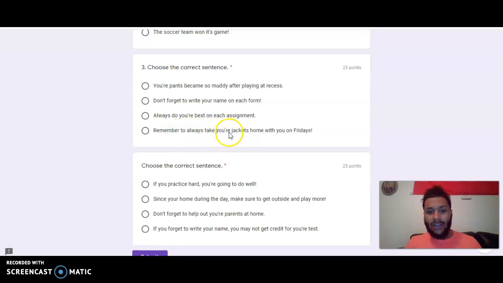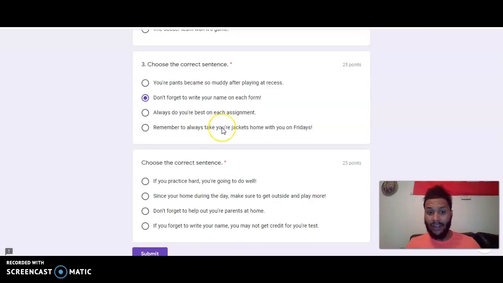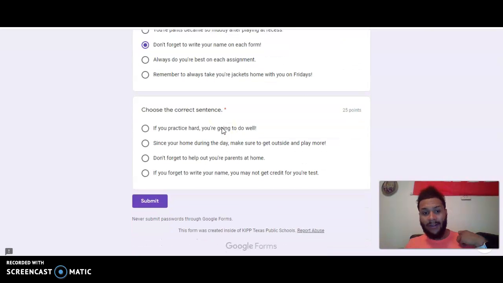Remember to always take your jackets home with you on Fridays? No way. Remember, if there's an apostrophe, you gotta make it 2 words, because that's a contraction. So your is actually you are, and "you are jackets" doesn't make any sense. The only one that makes sense is do not forget to write your name.